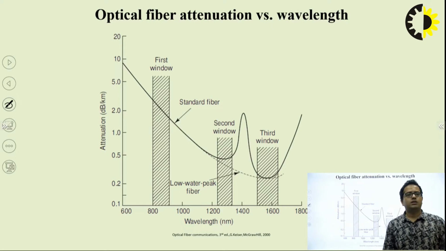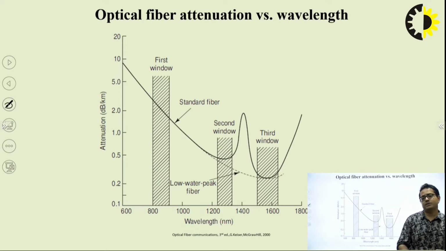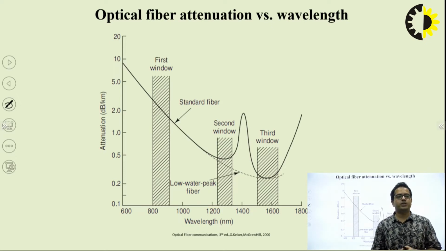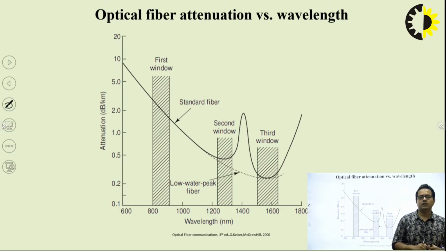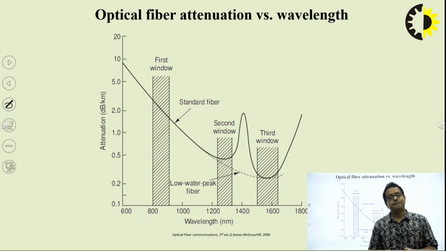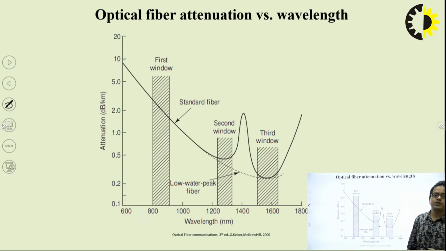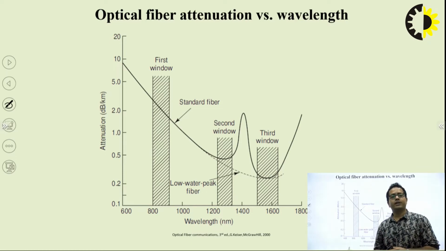This is the optical fiber graph, which tells you the attenuation that occurs at a particular wavelength or at a particular window of your optical fiber. So this graph gives information about how, with variation in the optical window or wavelength, attenuation gets incorporated in the fiber in terms of dB per kilometer.